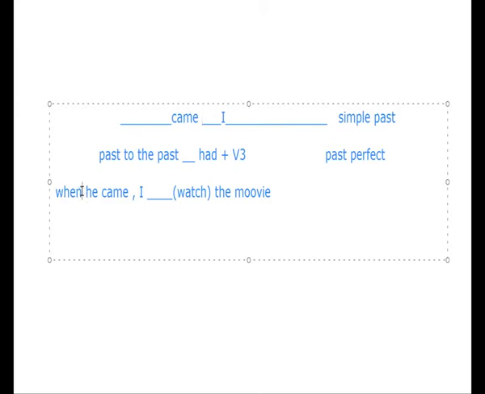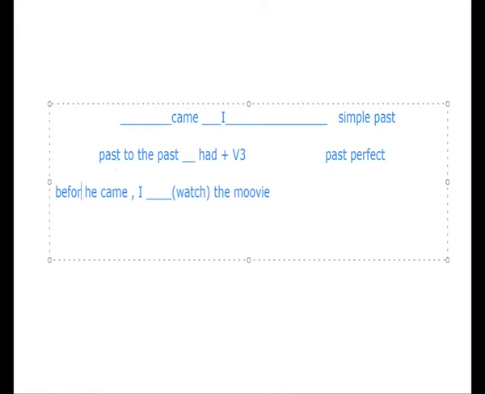Now look at this. I slightly change this. Before he came, I watched the movie. The position of "came" is fixed. Now he said "before came", so obviously I need to put "watch" before "came".